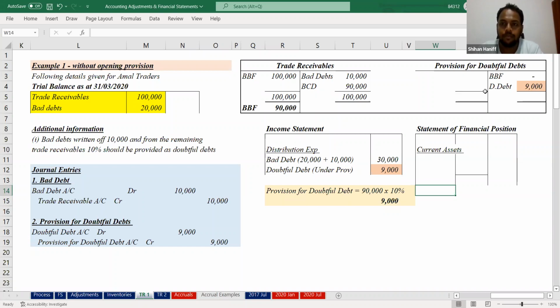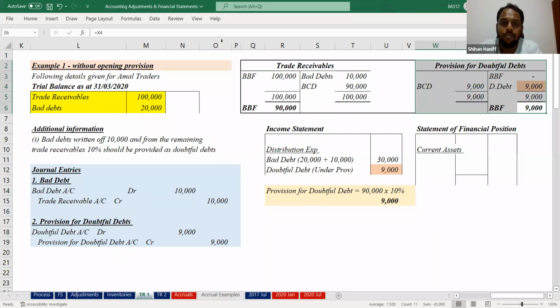Okay. Then we take the closing balance. Closing balance is 9,000.